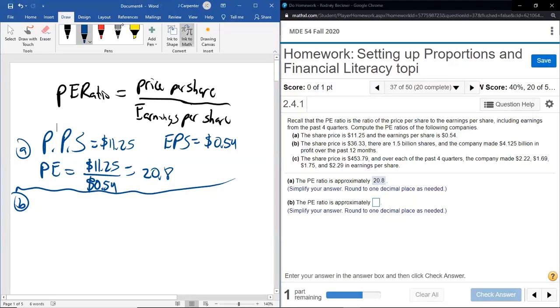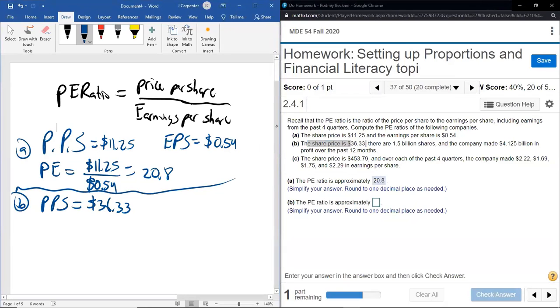Do we have the price per share? Well, yes, we actually do. The share price is $36.33. So the price per share is $36.33. But then they say there are 1.5 billion shares.